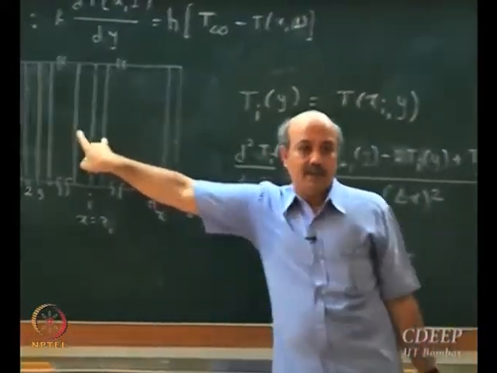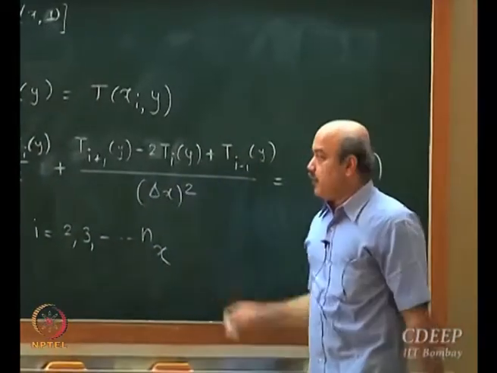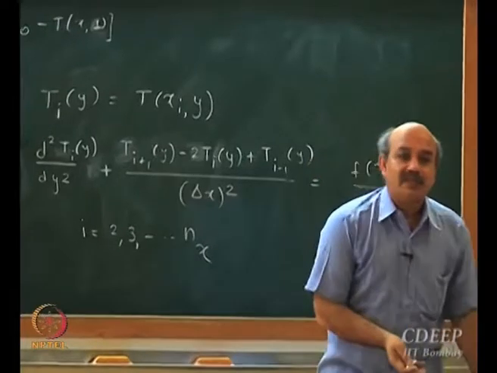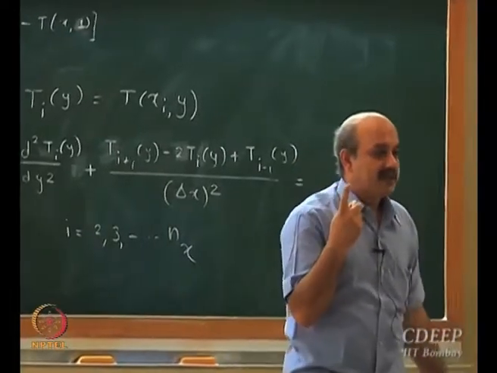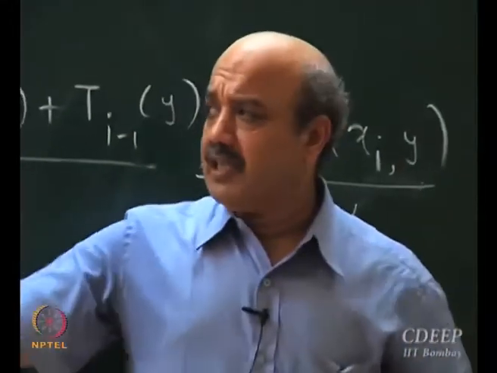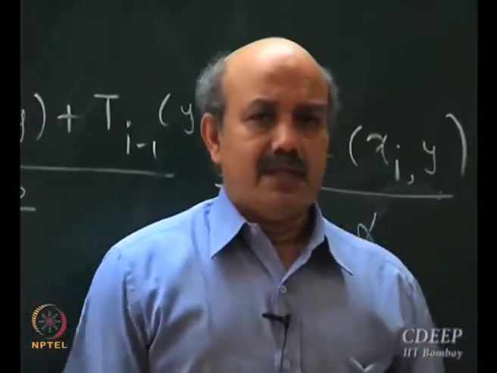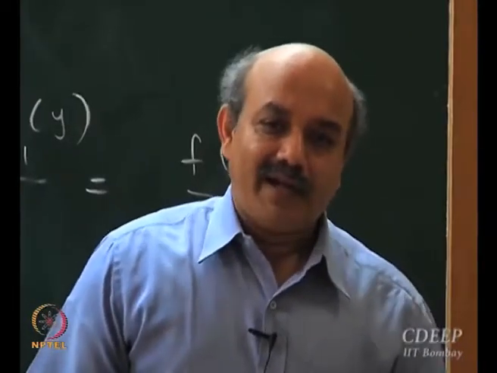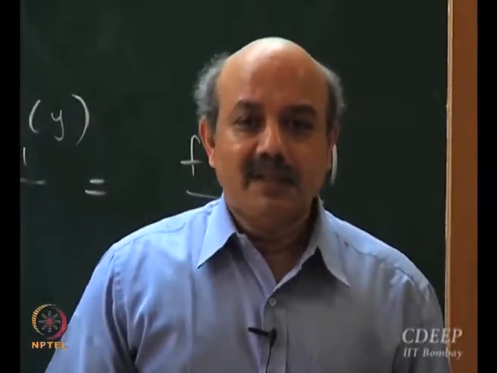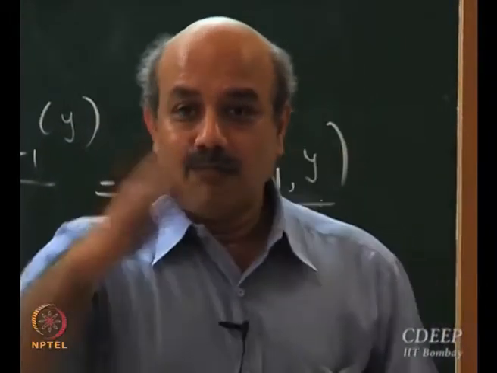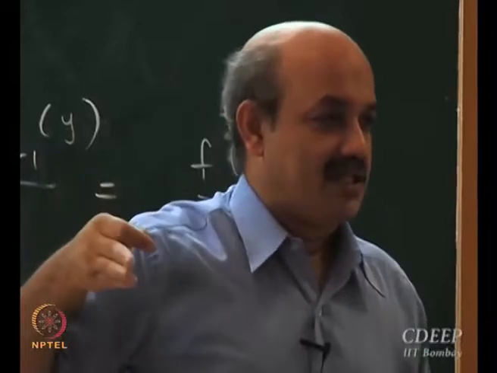So what you get here is a set of coupled ordinary differential equations, not one ordinary differential equation. You get a large number of coupled ordinary differential equations. Suppose we discretize with 100 internal grid points. 100 coupled ordinary differential equations need to be solved simultaneously, because neighboring variables appear in each one of them.